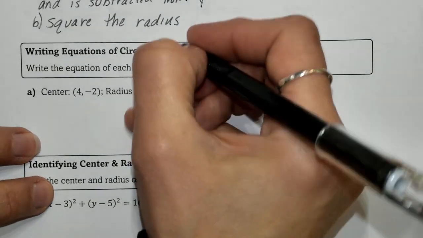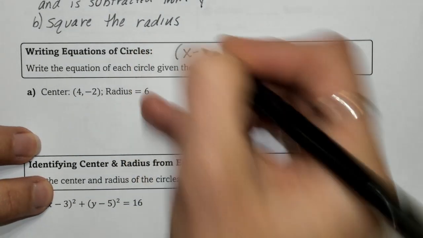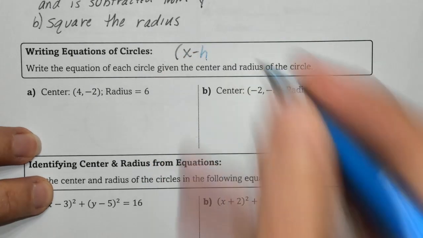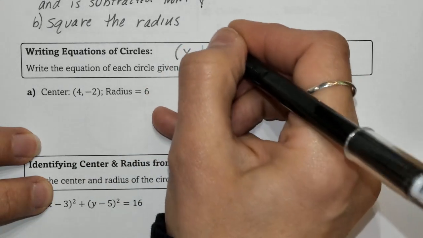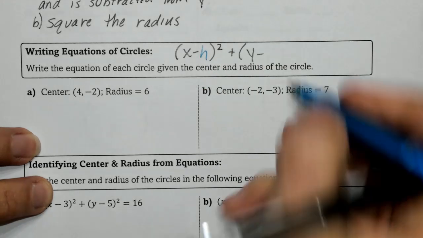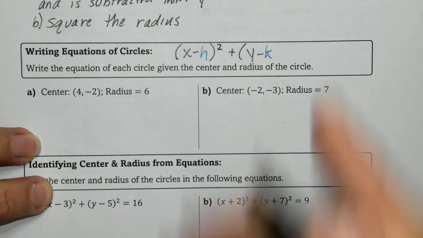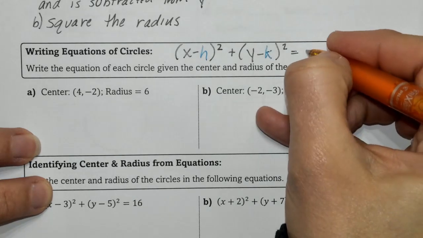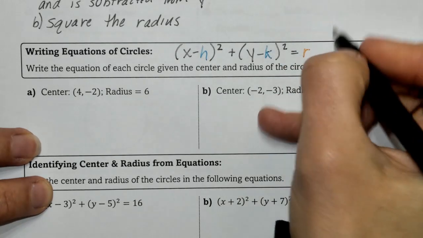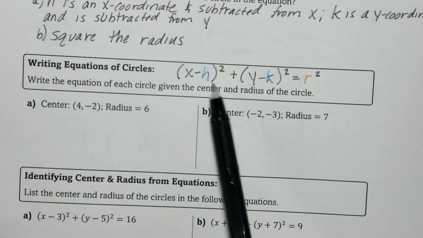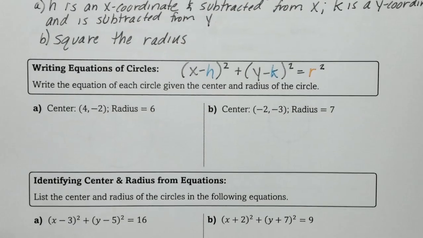We're going to take our equation: x minus h, sorry, h is in blue, and then outside the parentheses squared, plus y minus k squared, all equal to your radius squared. I'm going to be using these two colors for my center and for my radius. So here, we're going to be filling in the h, the k, and the r. Let's see how easy this can be.